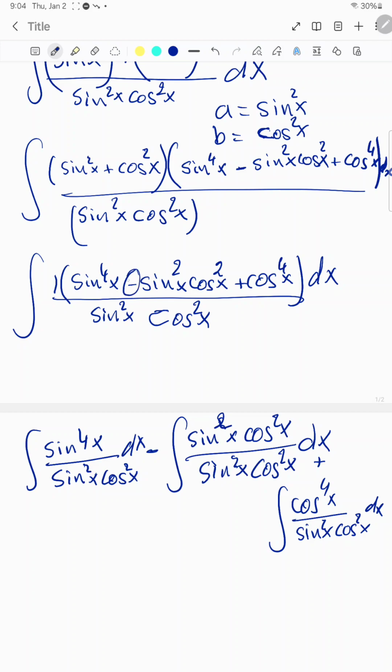Because of that minus and that plus, I can split my integral into many integrals, and since I have the common denominator, I can split my denominator on every element of my numerator.